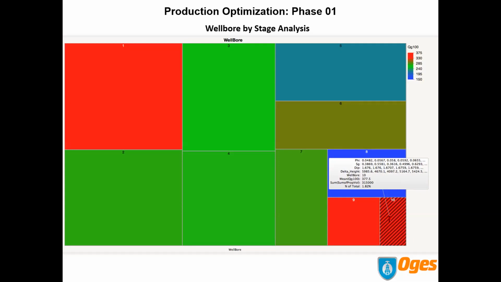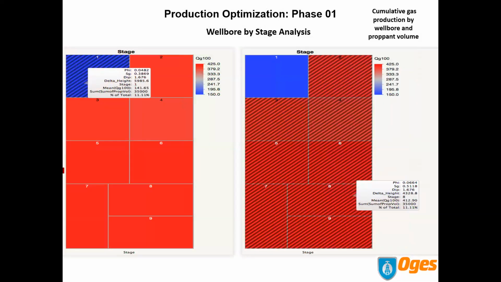Now, from an operational expenditure standpoint, if we could produce this, we're going to be much better off. So does that mean less proppant volume has no impact on production rates? Of course, this doesn't always have that direct relationship. So we need to drill down one level further and study the individual stages at wellbore 10. So if I show you the next one, this is wellbore 10, essentially.